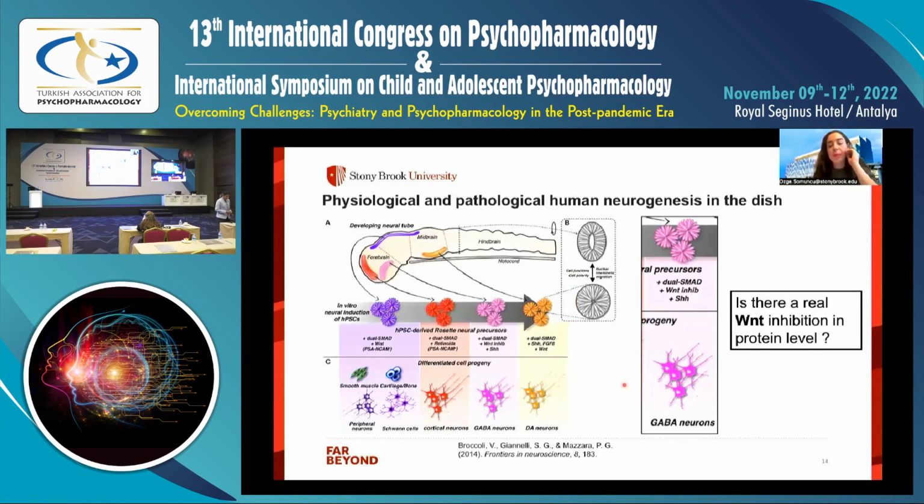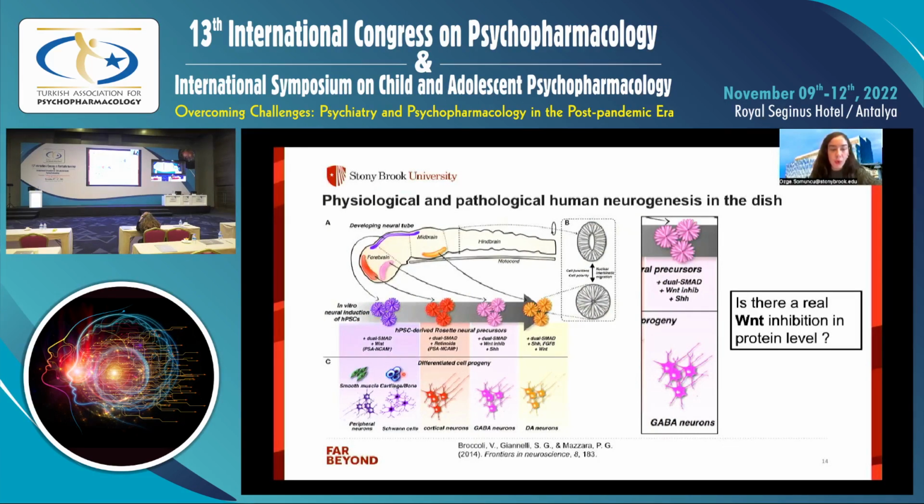Now, I'm halfway in my presentation, and I'd like to give brief information about physiological and pathological human neurogenesis. This is a developing neural tube. After we've seen this neural tube development in vitro, the neural induction from the pluripotent stem cells to the neural tube is employed through activation of different pathways.